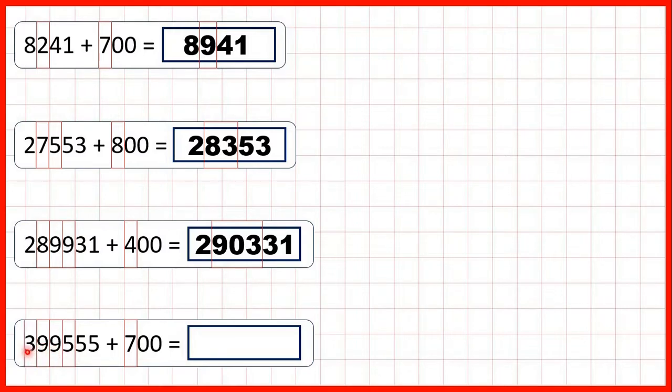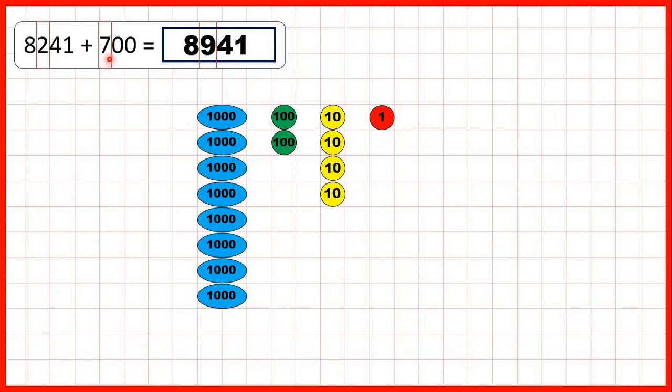So here we need to go all the way over to our 100,000s place value and add 3,995 plus 7. That's 4,002. So these digits here will be replaced with a 4, a 0, a 0 and a 2. Our other digits in our tens and ones stay the same, so our answer is 400,255.